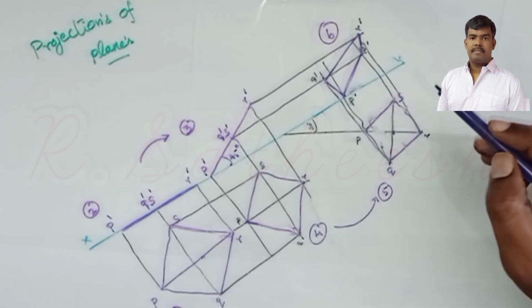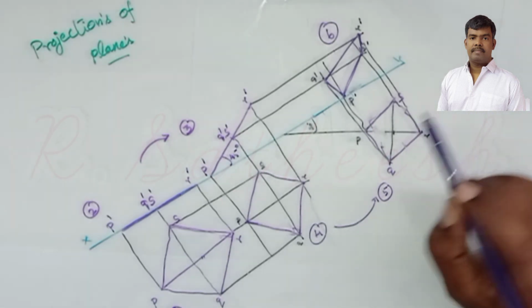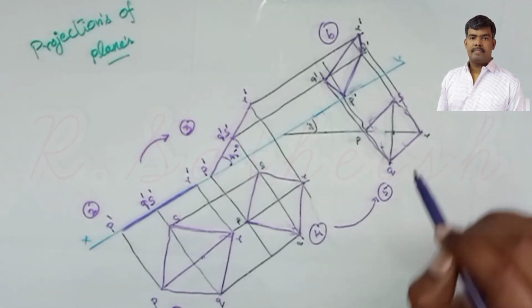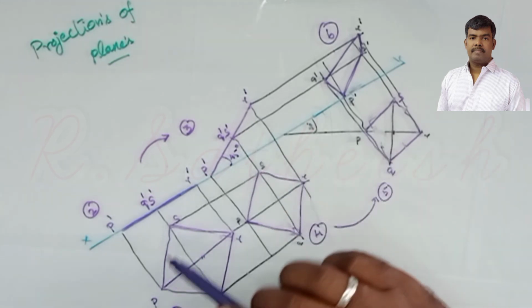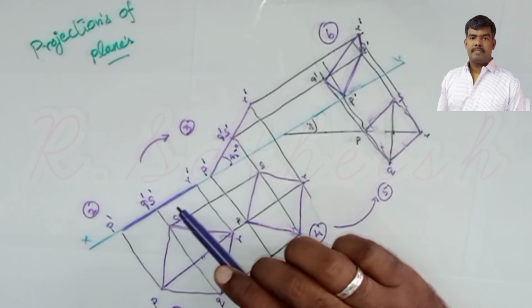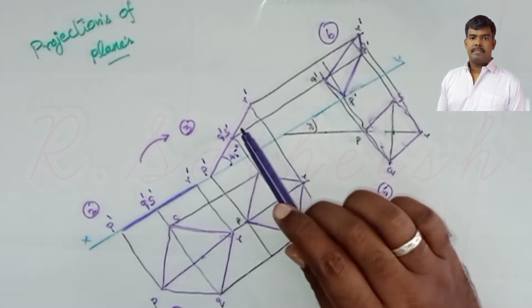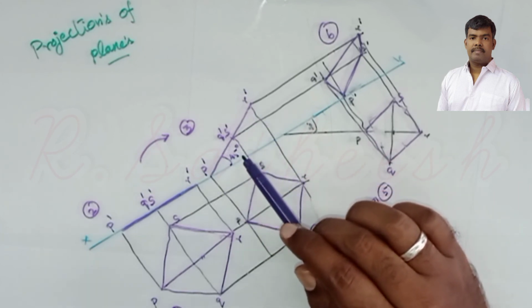Clear? I understand. So this is the projection of a plane inclined to both planes, that is both HP and VP inclination. First you draw the top view, then project it, and we get a front view that completely lies on XY. Then the plane is inclined 45 degrees, while the diagonal PR is inclined 45 degrees.